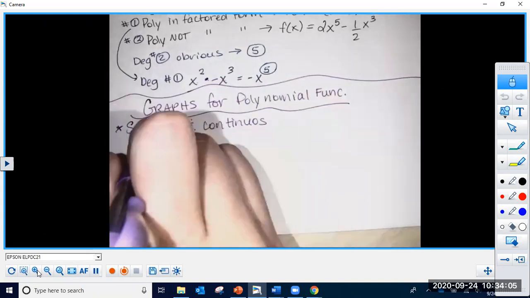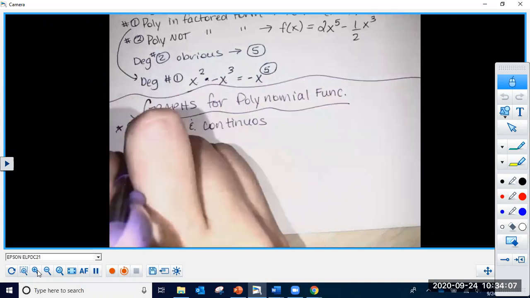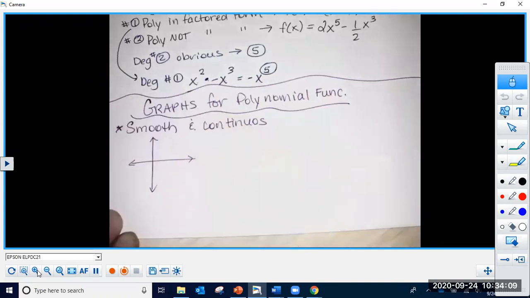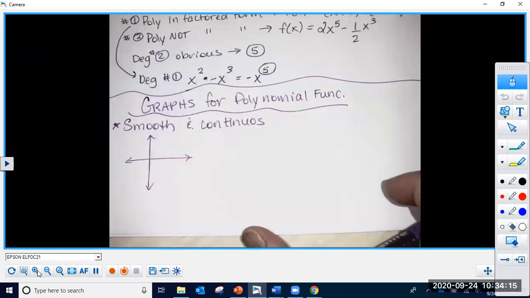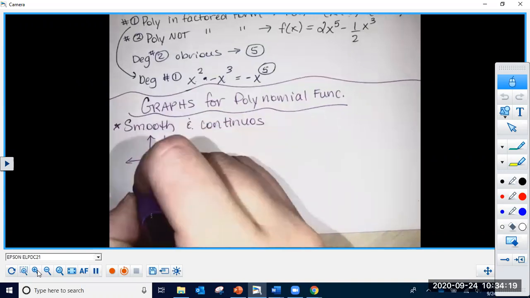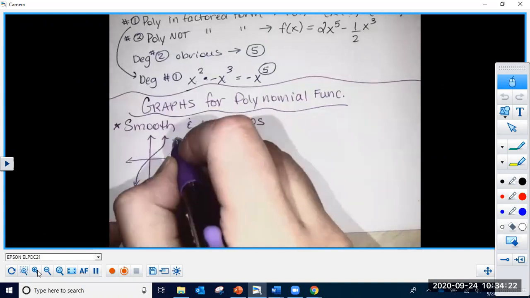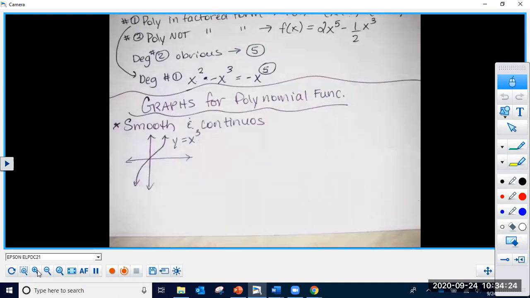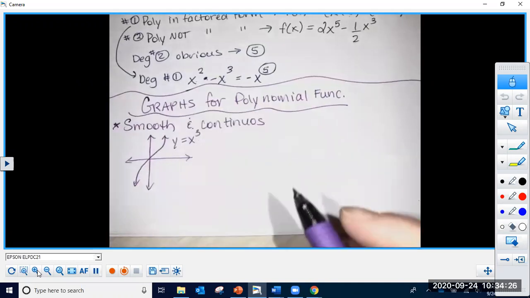So a rough sketch of a polynomial function, a very common one that you've been graphing is y equals x squared, which of course forms a parabola. Here's another one that you graphed last year, like y equals x cubed. That's a polynomial function. They're just smooth and continuous.